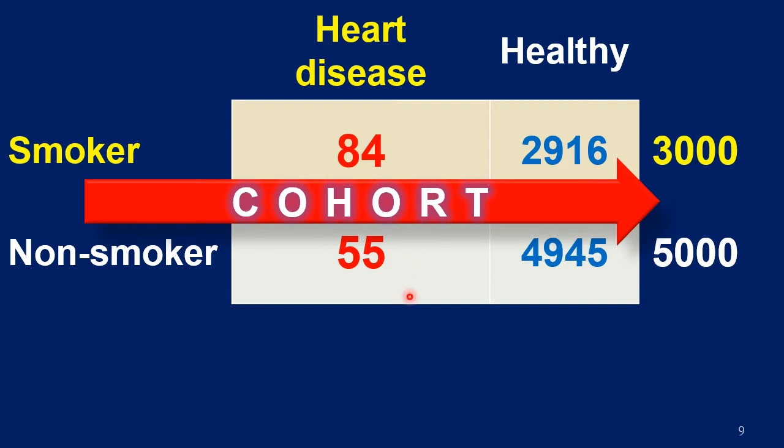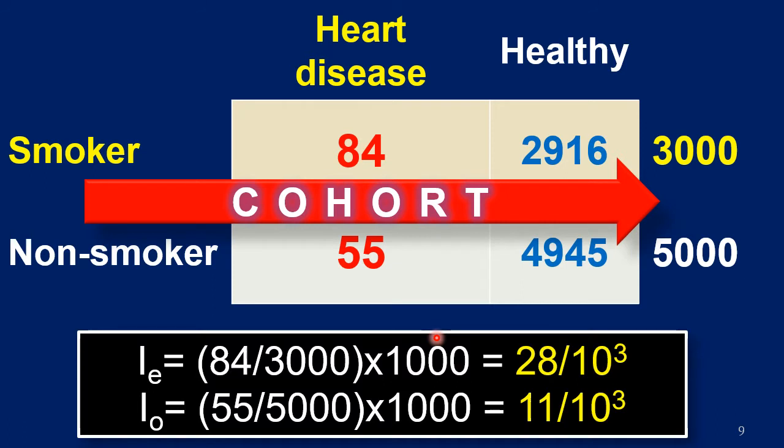Since this is a cohort study, because we have followed up the sample for a long time, waiting for development of disease, we have started with exposure, ending with disease, so we can measure incidence.